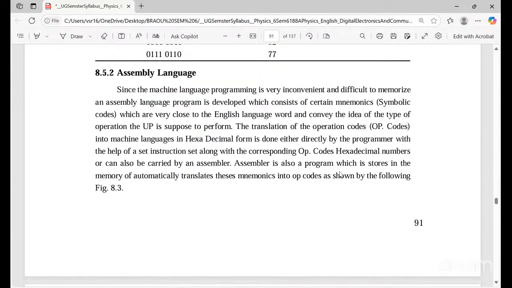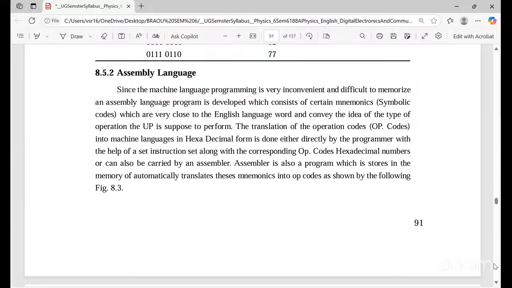Next, another important one is the assembly language program, ALP. Machine language is very inconvenient and difficult to memorize, so assembly language programs can be developed.